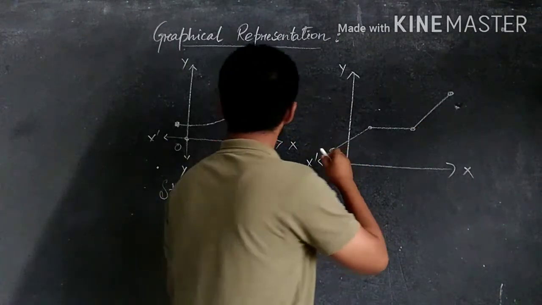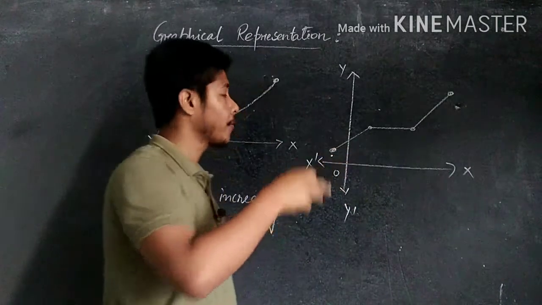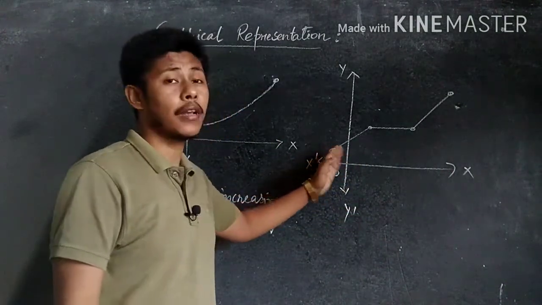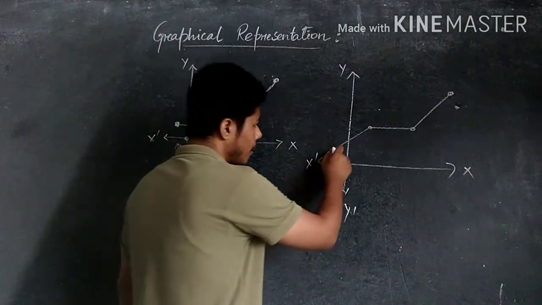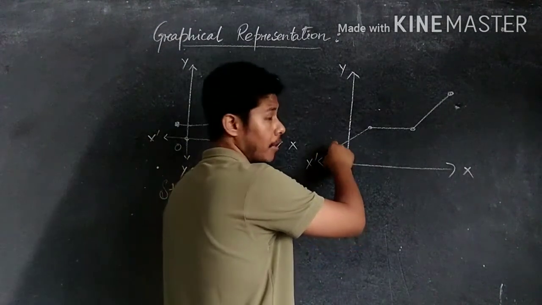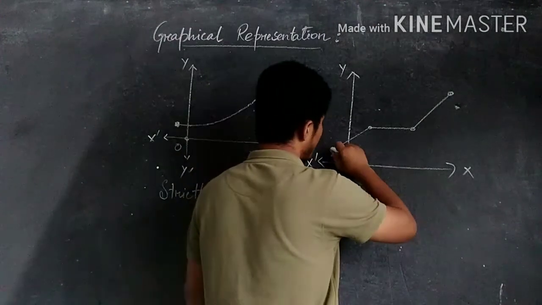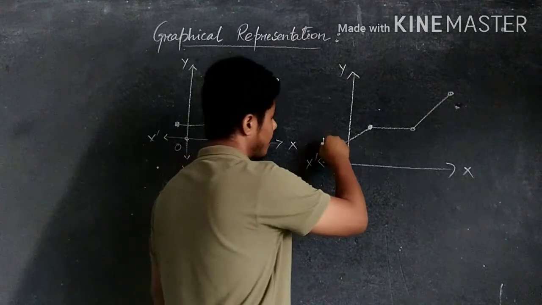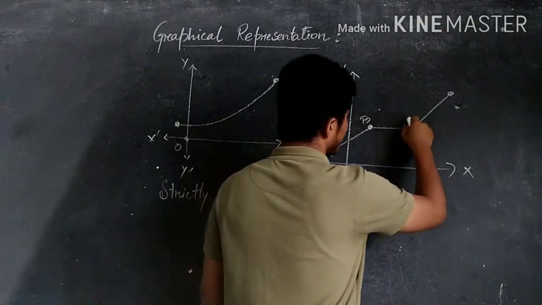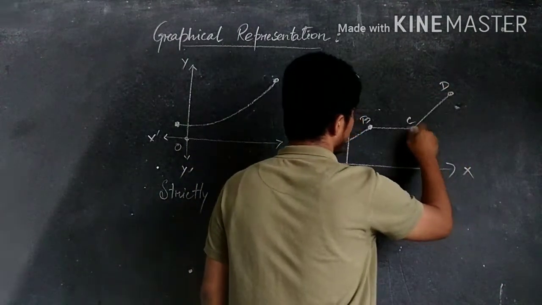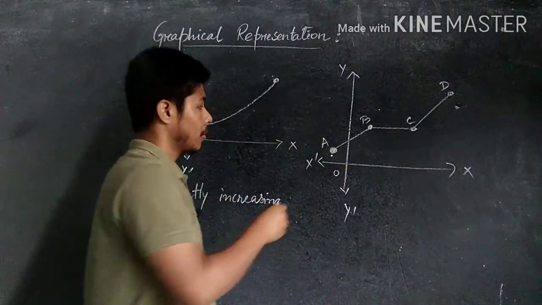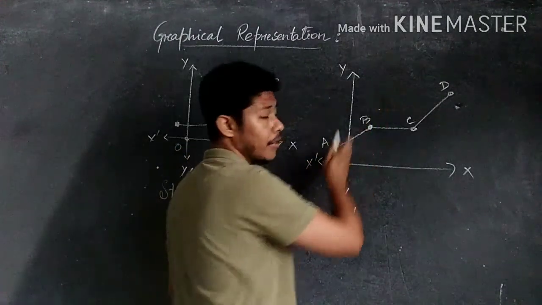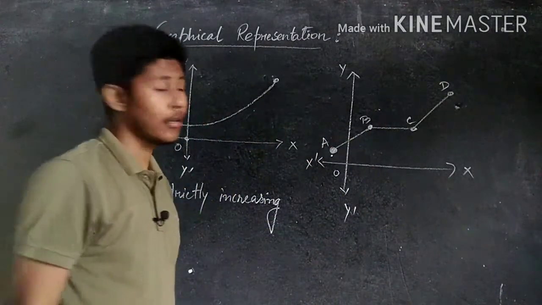So now, from here up to this place, if you mention some names, A, B, C and D. From A to B, the graph continuously increases, or not?